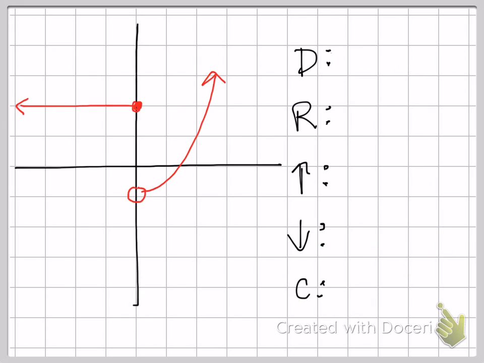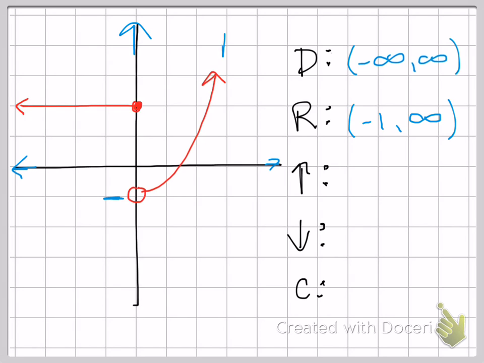So let's try another one. Here's our next picture. Again, domain is left to right. From the furthest left going to the right, every single value is going to be hit in terms of my x values. So my domain is negative infinity to infinity. My range, bottom to top, starts at -1, and it will continue up to infinity forever.